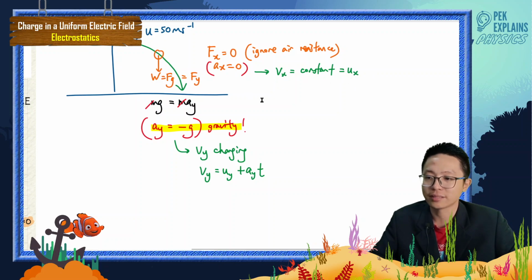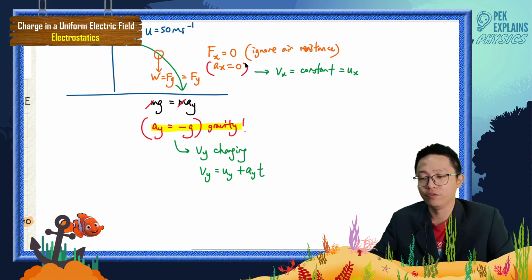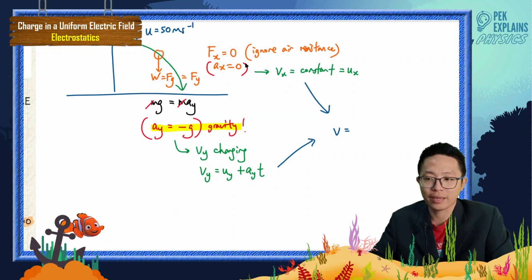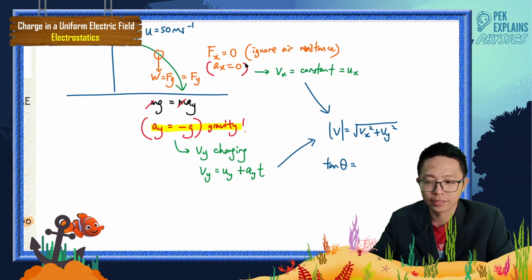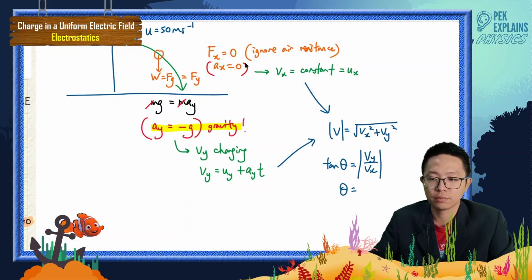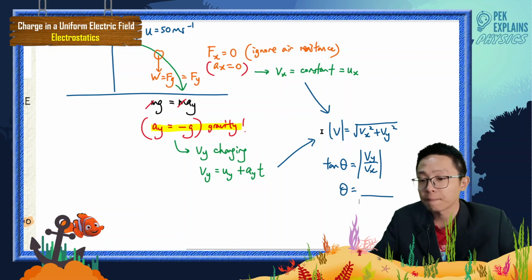Once we know Vx and Vy, we can find the final velocity at mid-air: Vx squared plus Vy squared, for magnitude. Then for direction, tangent theta equal to Vy over Vx, to find the theta above or below the positive x-axis.